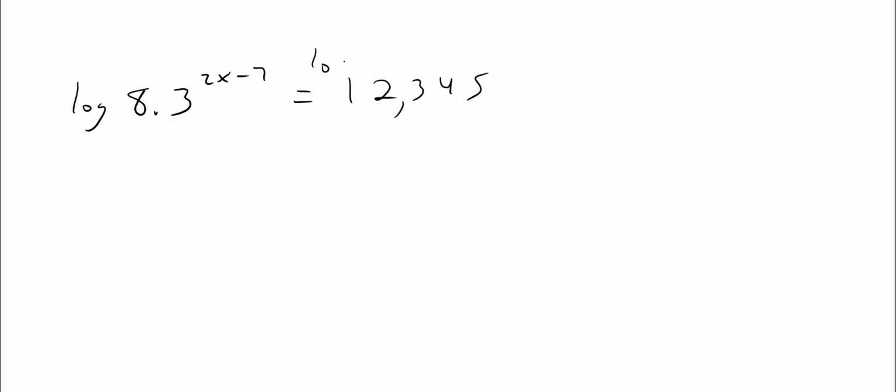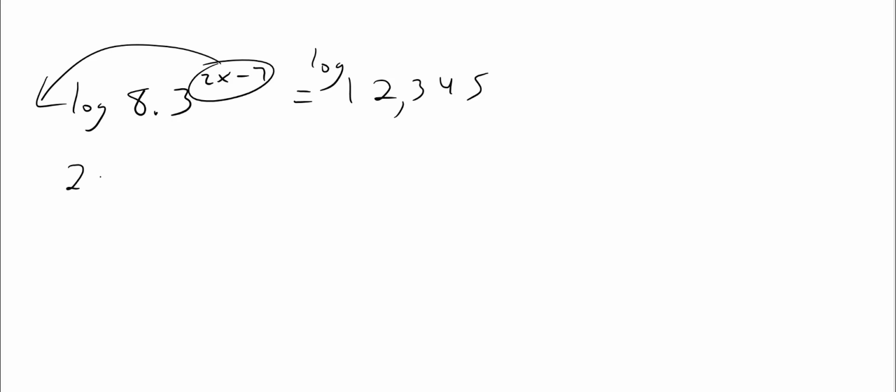So if I said 8.3 to the 2x minus 7 is equal to 12,345. Beautiful. Okay, let's take the log of both sides. Isn't it so easy, guys? Gosh. And that comes to the front.